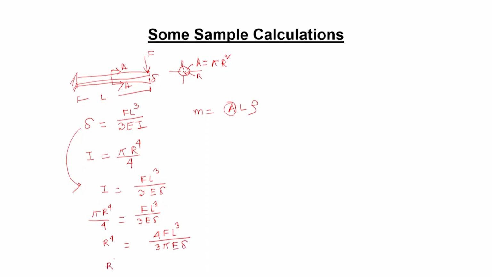and that means r square, which is what will be important. So, this will be square root of 4 f L cube over 3 pi E delta. So, pi r square, that is the area, is simply pi times this, and that is nothing but the area here. Okay. So, now let us just write it here, pi r square equals area equals this.